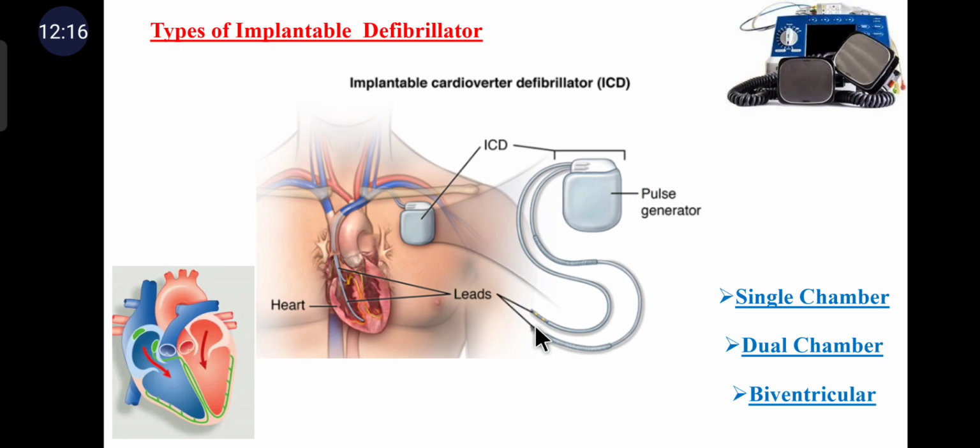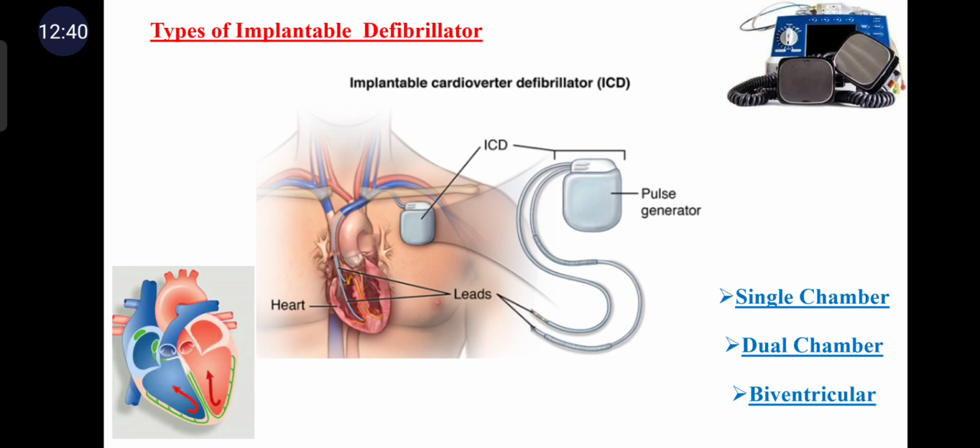provides antibradycardia and antitachycardia therapies. Whereas the dual chamber device has two leads that are placed in the right atrium and the right ventricle. These units can provide antibradycardia pacing through the right atrium and ventricle, and also provide the antitachycardia therapies, cardioversion and defibrillation, through the right ventricle only.